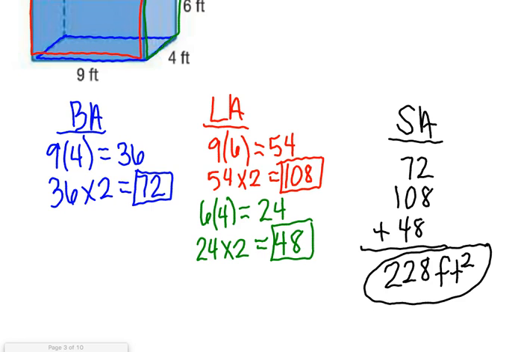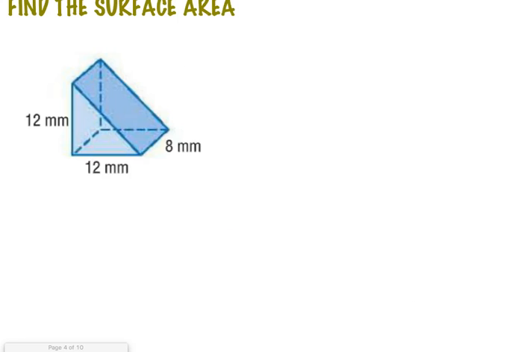Okay, try triangular prism now. So if we start with our base shape, which is the triangle. So you can do base times height and then not divided by 2 since there's 2. I'm still going to divide it by 2 just because some of you might get a lot. You do that because that works for you, but not for everyone. What's the base and height of that triangle? 12.